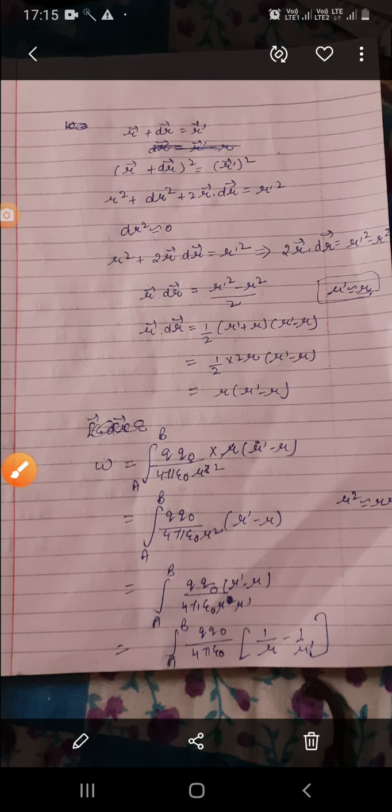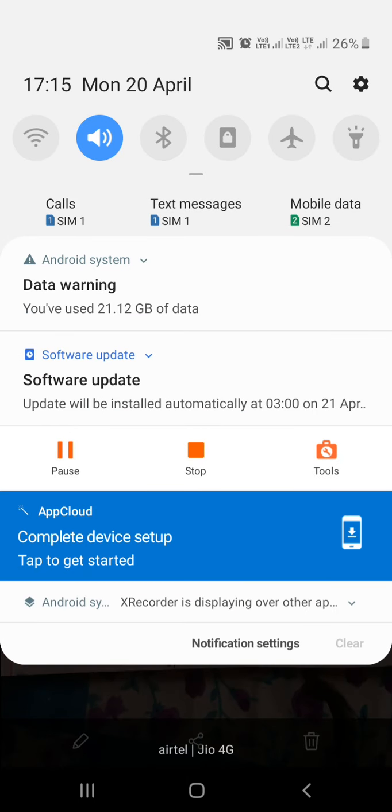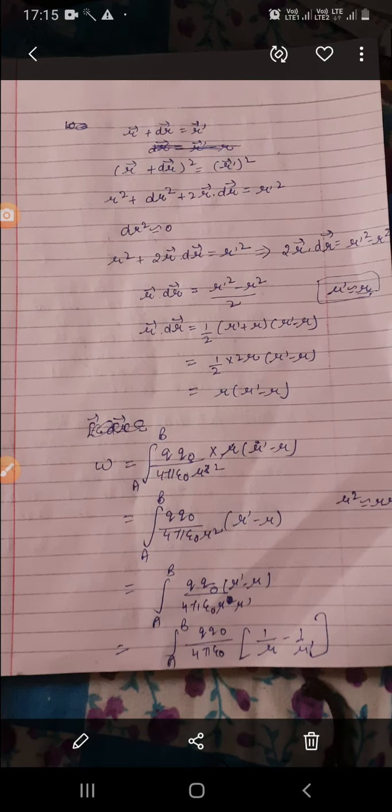I already told you in the previous class that the square of a vector is equal to the square of its magnitude. So the square of vector R is equal to the square of magnitude, that is R square. Here dr is already very small. When we take the square of dr, it becomes dr square, which is negligible, equal to 0. So R square plus 2R dot dr is equal to R dash square.